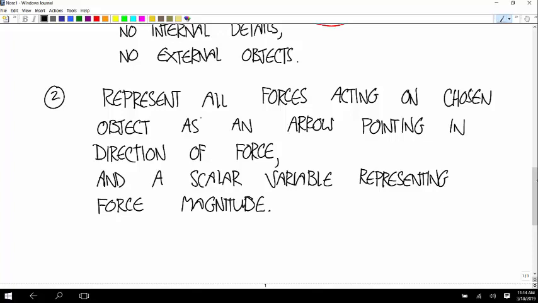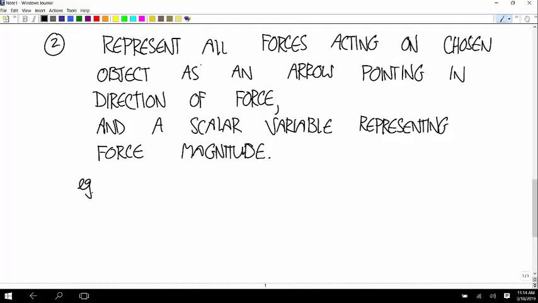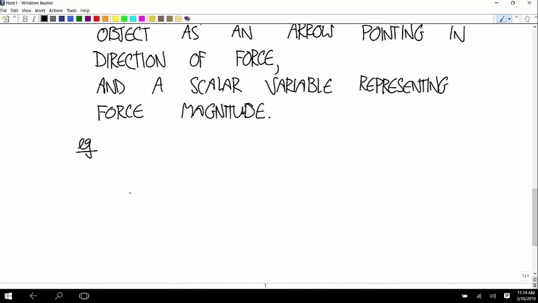Okay, so for the car example, I already drew the outline. So there's the closed outline of the car. What forces are acting on it? There's a weight force. Gravity's pulling down on it. And then the ground is applying forces to the car in two places.